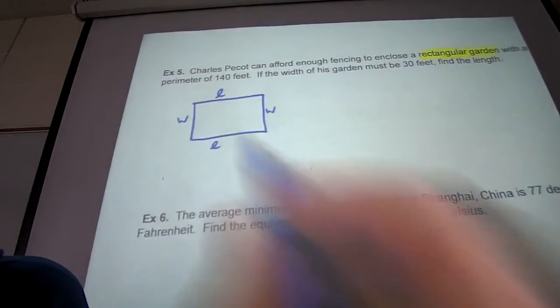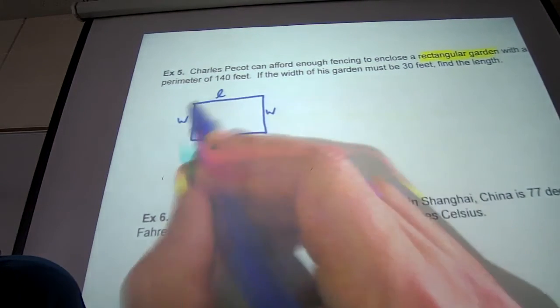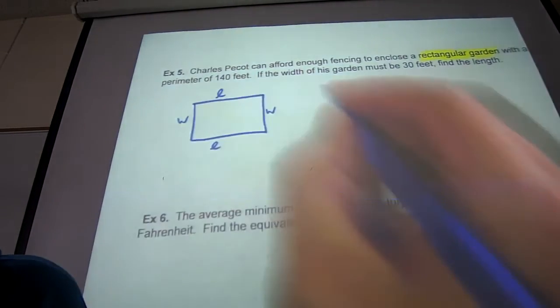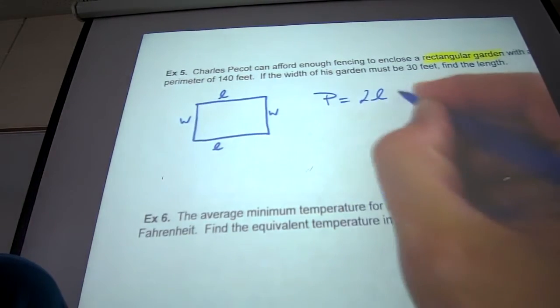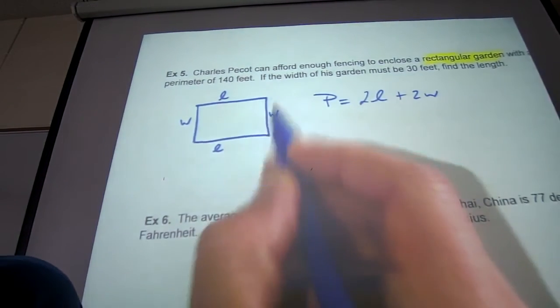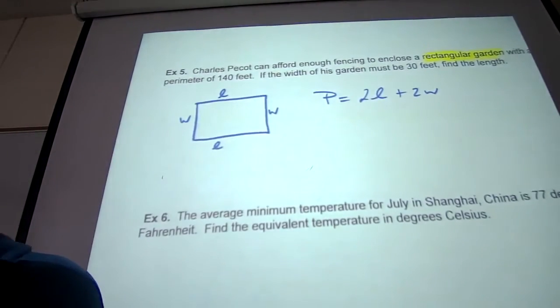Now, they talked about the perimeter. Perimeter is the distance around the object. You know, perimeter is adding up your two L's and your two W's. So add them up. W plus W is 2W, L plus L is 2L. So that's our perimeter.